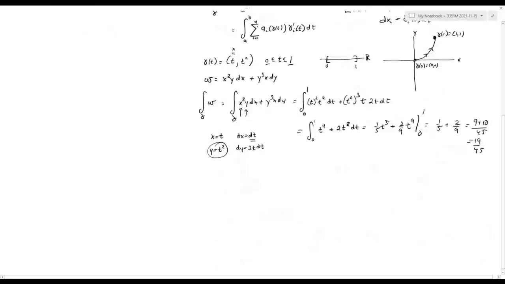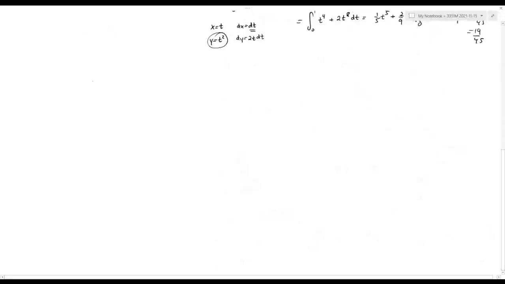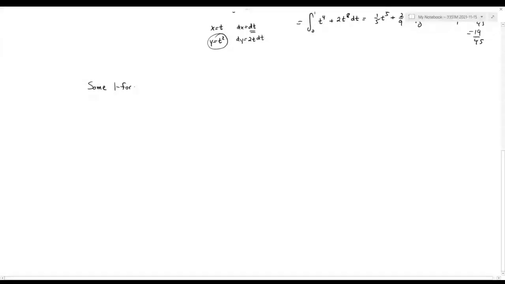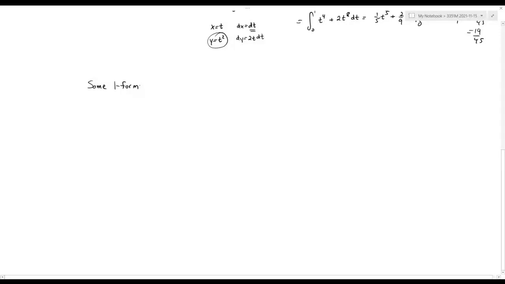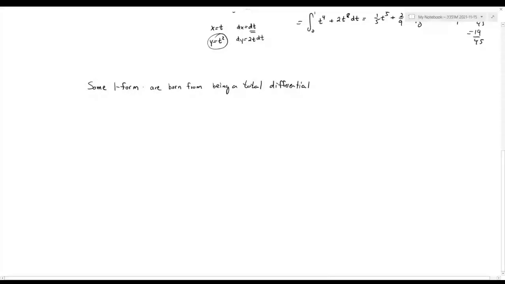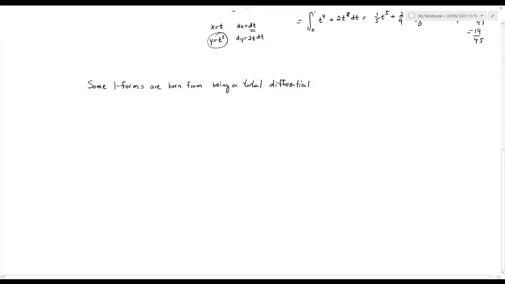These special one forms are born out of finding the total differential of a real valued function, a differentiable function, obviously. Some one forms are born from being a total differential of a function.